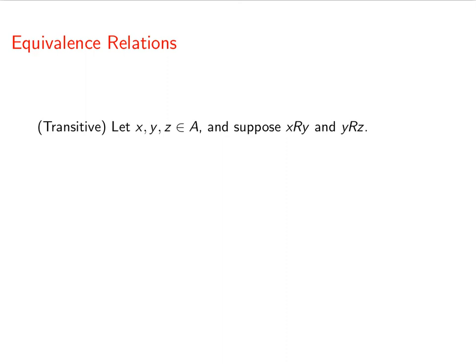All right, last one. We're going to prove now that our relation is transitive. Let x, y, and z be elements of A. Let's suppose that x is related to y and y is related to z. What we want to do is prove that x is related to z.